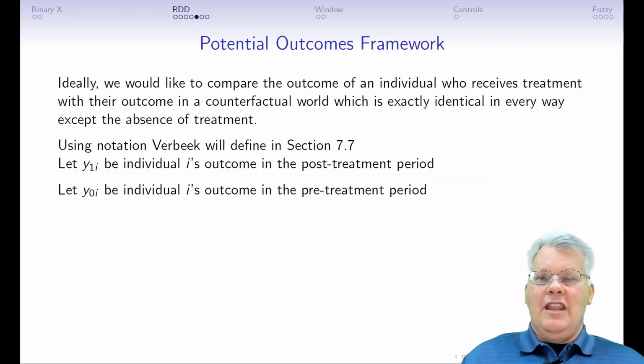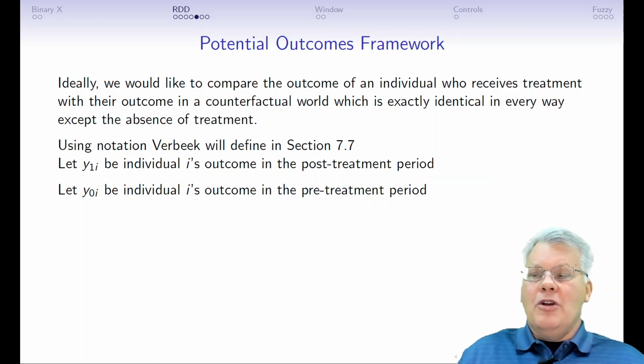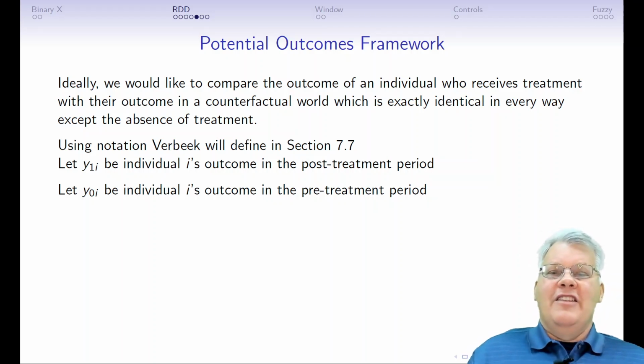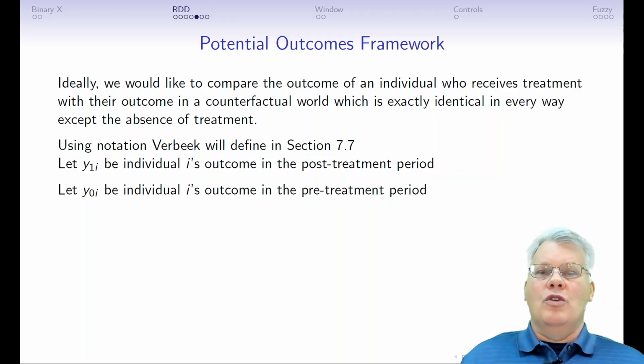And the way to think of it is that we would like to ideally compare the outcome of an individual who receives treatment with their outcome should that same person not receive treatment. In the typical language of causal inference, this is called the counterfactual, right?